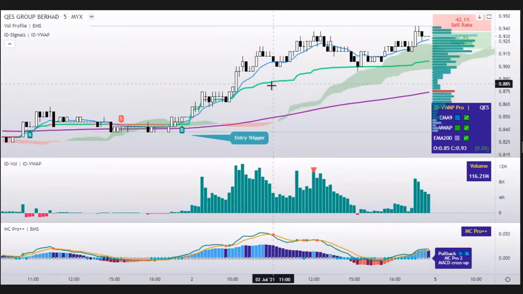VWAP was only introduced in the M+ chart system in 2019. M+ online is a trading platform, and the chart system was supplied by ChartNexus.